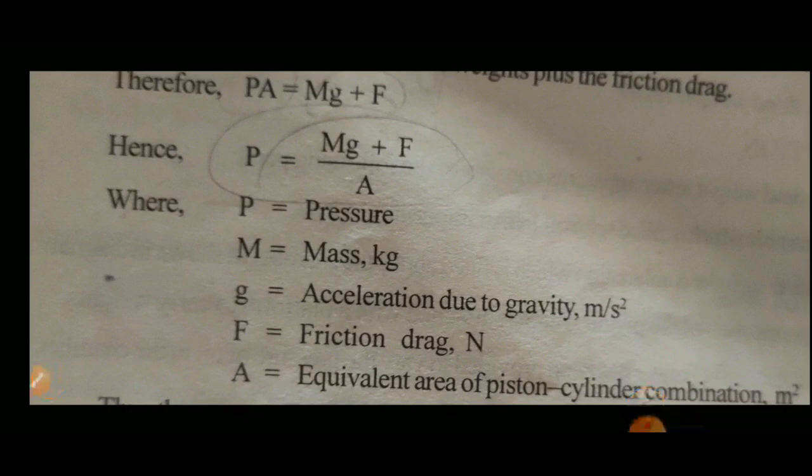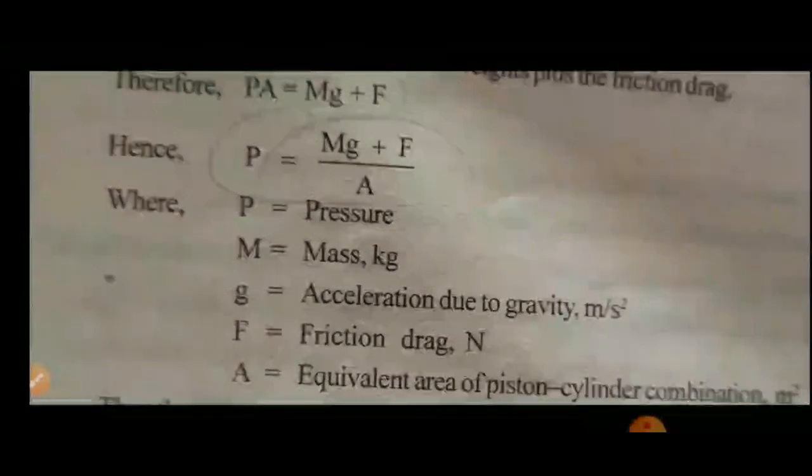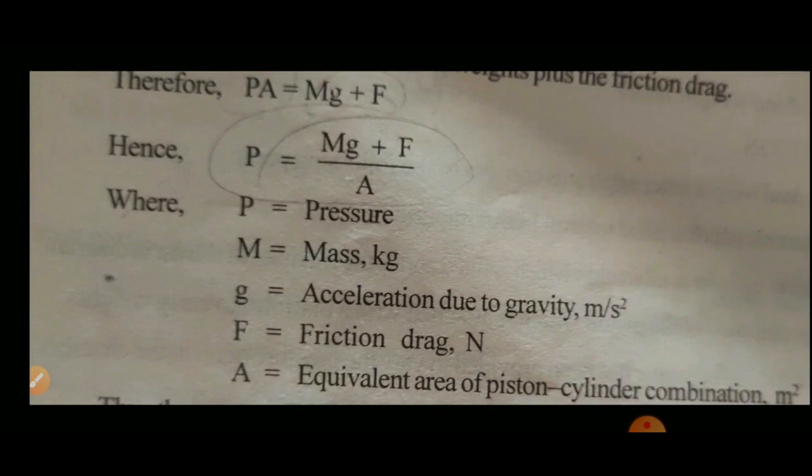And mg + F, where m is mass, g is acceleration due to gravity, and F is friction drag, is the force applied by the piston with the weights on the fluid. This is how we balance both the pressures. Then we get P = (mg + F)/A. So this is the pressure P caused by the weights placed on the platform, calculated.